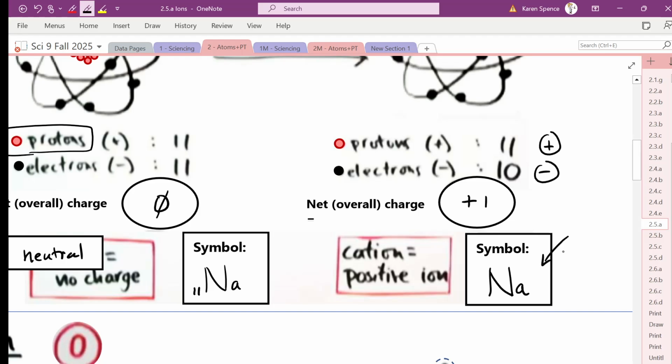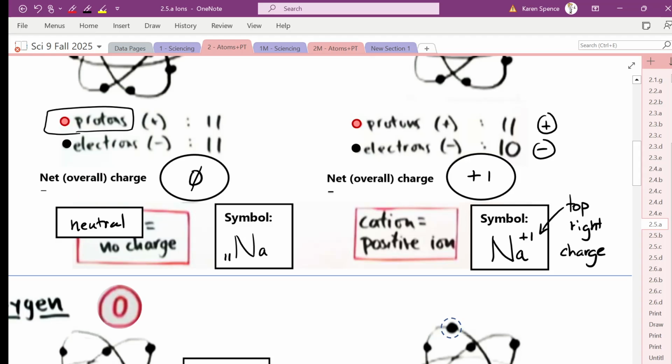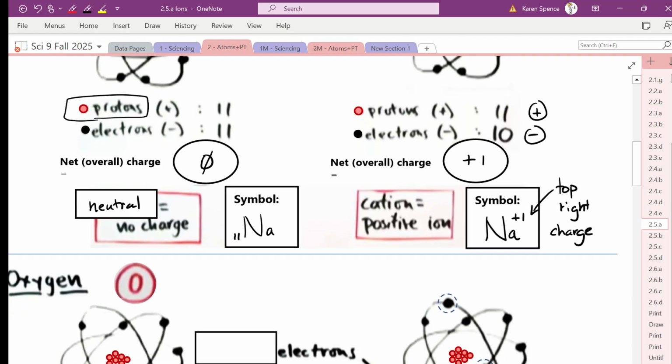So the top right is for the charge. And you can put plus 1. We'll talk more about how you would actually write the charge later. But for now, I think that is a very good way of writing it, and you can continue doing that for the rest of the year if you want to.